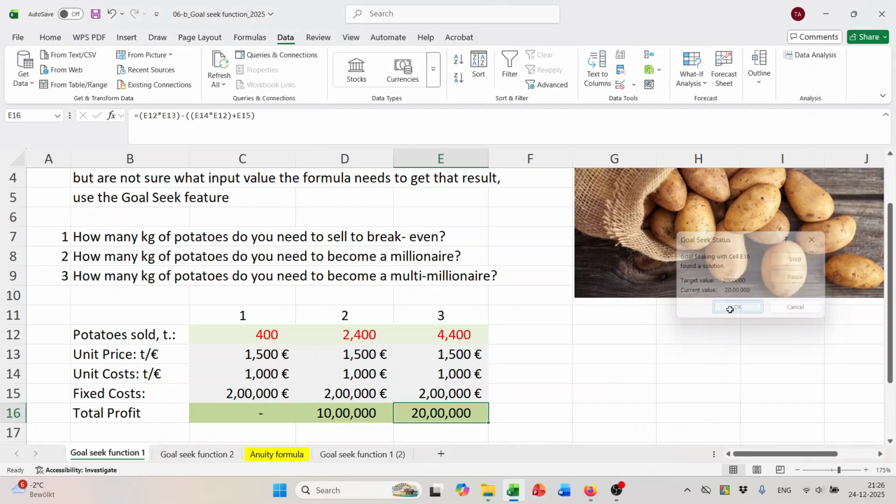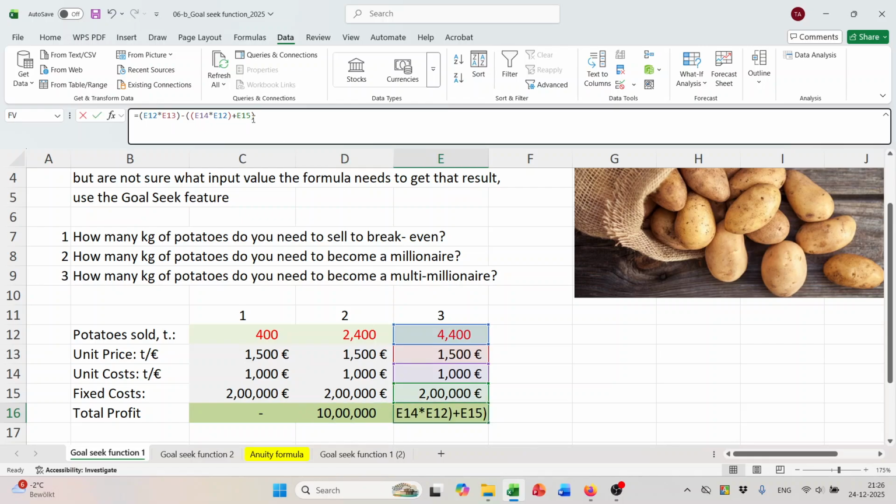Okay, so this is the math here, but you have to remember that for using goal seek, we must use an Excel formula. Only if there is a formula in this cell can we use goal seek, otherwise not.